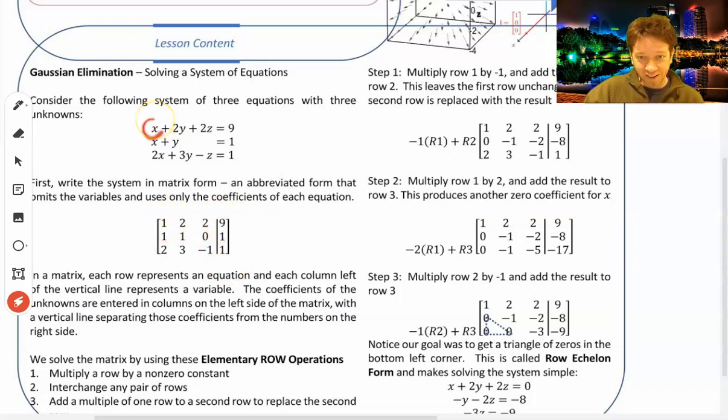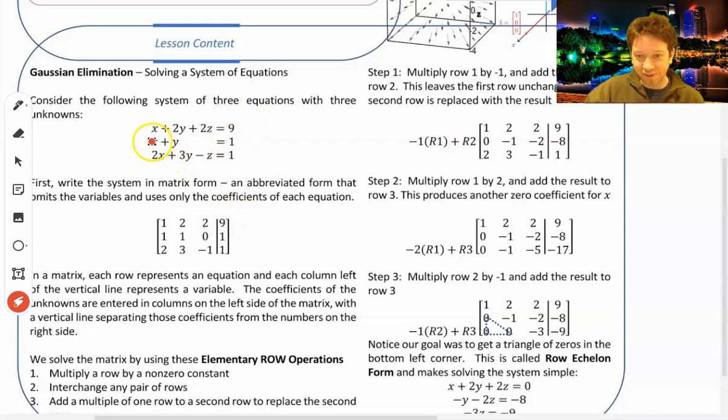So the coefficient of x here is 1, so I just write 1. The coefficient of y here is 2, so I just write 2. Coefficient of z is 2, so I just write 2. And then I do a vertical line to represent this equals. And then our constant at the end, 9.